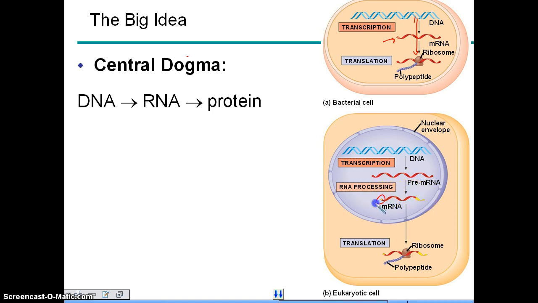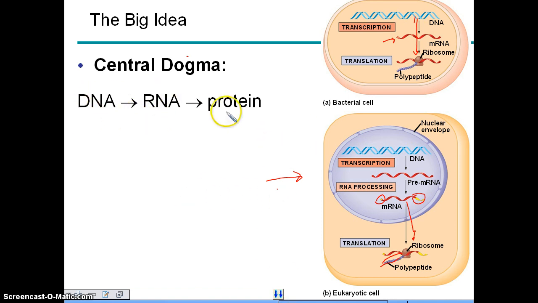Notice how it has some material added to the end of the molecule, and see how it becomes shorter. It's been edited down or made shorter. That edited RNA then travels out to the cytosol where the information is decoded into a polypeptide. So editing occurs in eukaryotic cells but not in bacterial cells.